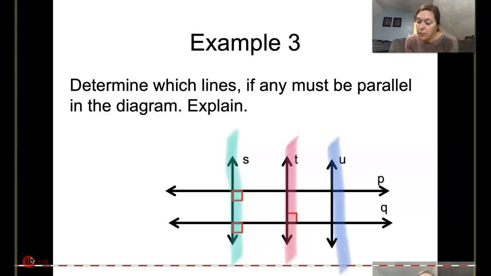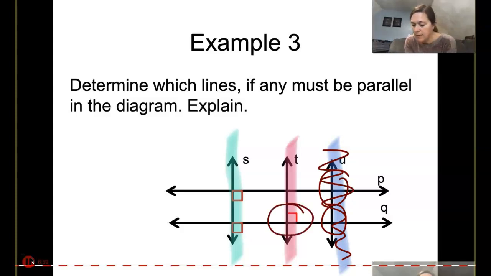So if I look at the blue one, do I have any perpendicular right angle boxes there? Nope. So U is unnecessary information. I have one right angle box on T, but I don't have two. So T is not what I want to worry about. But now look at S. Notice I have two right angles there.